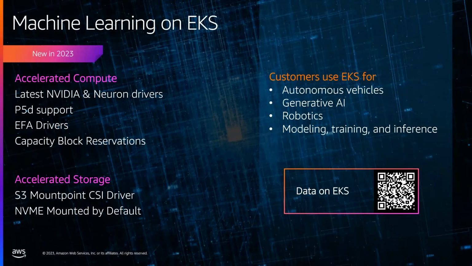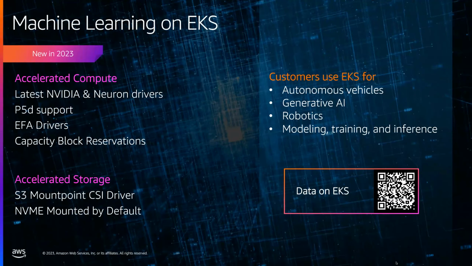The hardware can provide it with the latest driver, with the latest hardware-aware features. For example, the Elastic Fabric Adapter provides high throughput, and also accelerated storage. Today, you can mount the S3 mount point using the CSI driver. A very easy way to leverage S3 storage.